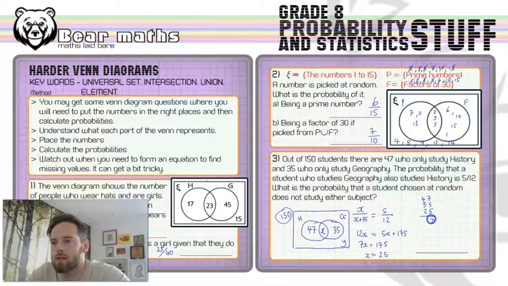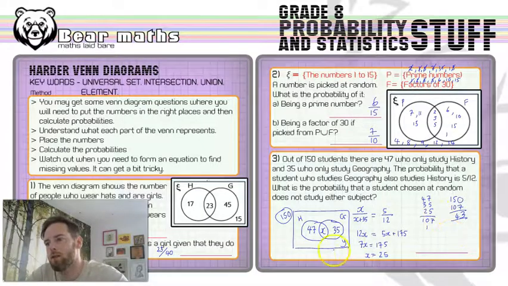So 47 plus 35 plus 25 gives us 107. So that's 150, and we take away the 107, and we get 43. So there are 43 people sitting here on the outside, so Y is equal to 43.